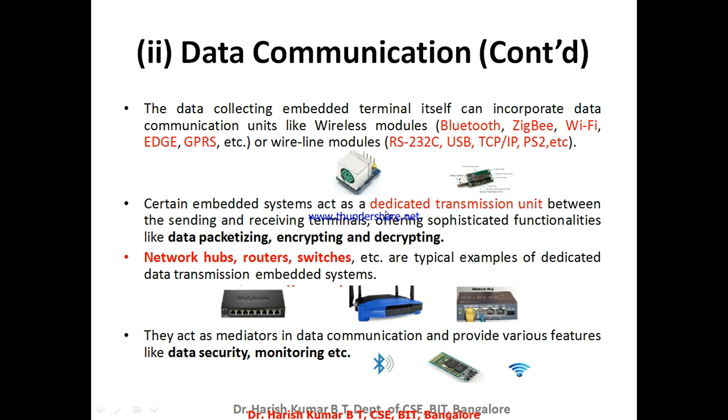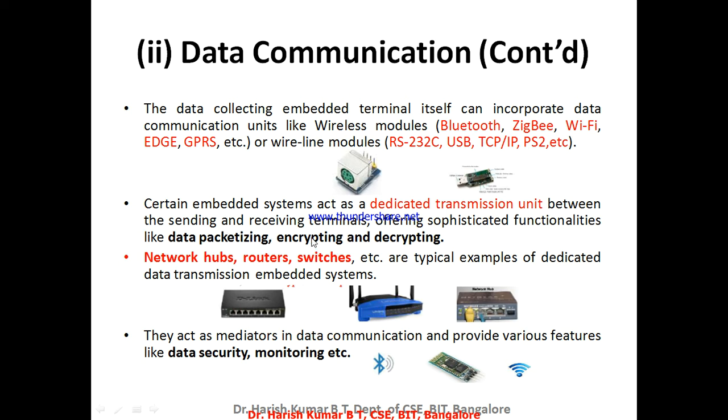Certain embedded systems can also act as a mediator between the sending and the receiving terminals. And being a mediator, what they do is data packetizing. You will understand it in more detail when you study the networking concept, because explaining data packetization would require another hour.